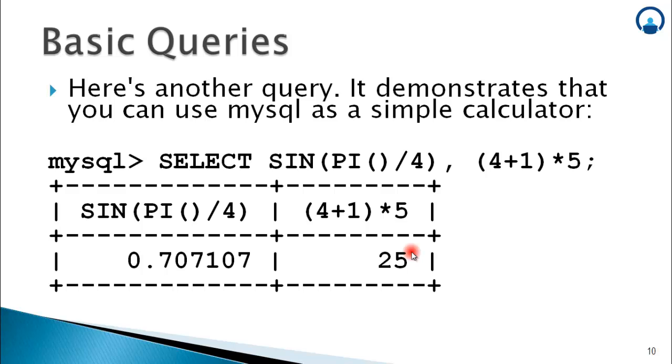So what would be the output? For sin of pi divided by 4, we get the value 0.707107. That is, the value is coming from 3.14 divided by 4. And the second column shows (4+1)*5. So 4 plus 1 evaluates to 5 and 5 times 5 comes to 25. So basically we are using MySQL here as a form of calculator, right?